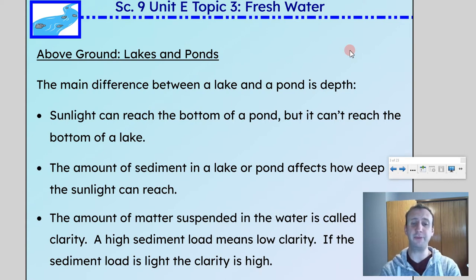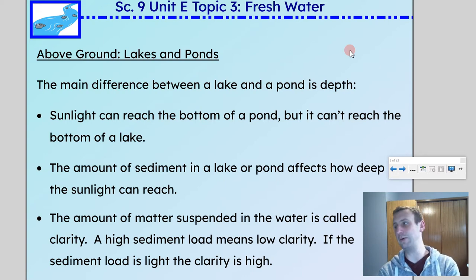The amount of sediment in a lake or pond affects how deep the sunlight can actually reach. The amount of matter suspended in the water is called clarity. When we talk about clarity of water, we're talking about how clear the water is. A high sediment load, so when we have a lot of sediment in the water, means low clarity. If we have less sediment in the water, it is very clear water, so it has high clarity.